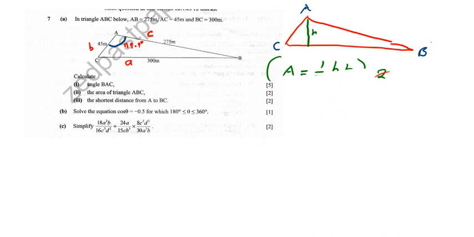So we say short distance. Let me just use SD, standing for short distance. In this case, it is equal to 2A, where A is the area, over B. So short distance is equal to 2 open bracket, A is our area.